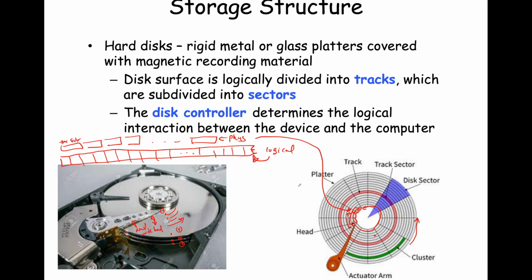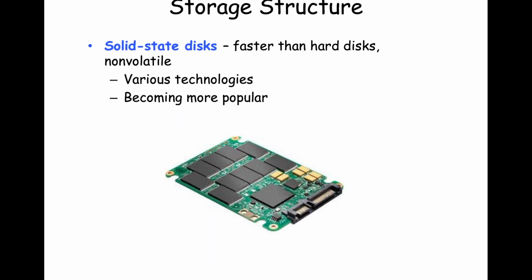Okay. So many of you are more familiar with solid-state disks, and solid-state disks are basically no disk at all. It's really just a set of chips that give you random access to storage, and it's effectively speeds like you have for main memory, like RAM, but it's not volatile.